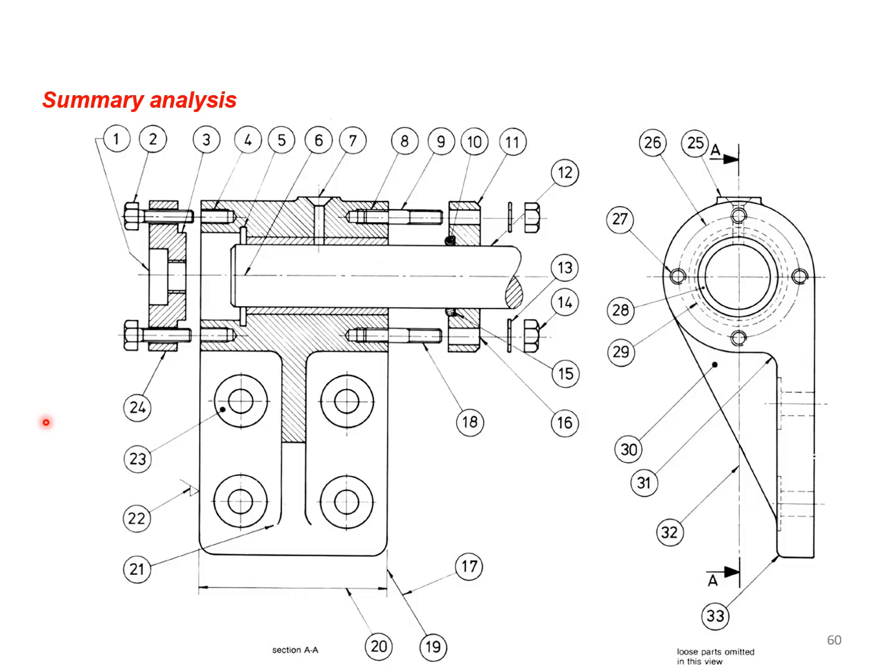So this is a summary analysis for the part that has been sketched, and you can see that we have a cross section for the part here. That's a bracket. We don't have to cut from this side because everything is obviously shown in section AA, and this is the front. The front view is here, and this is the side view.